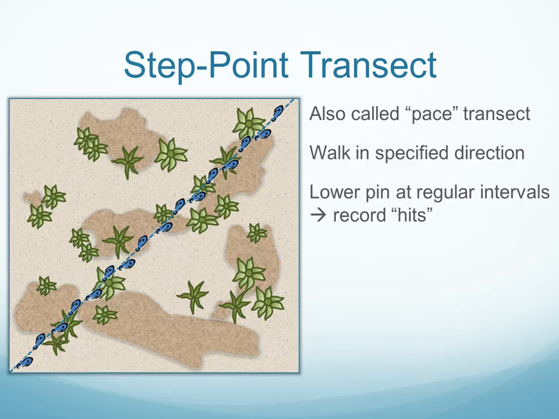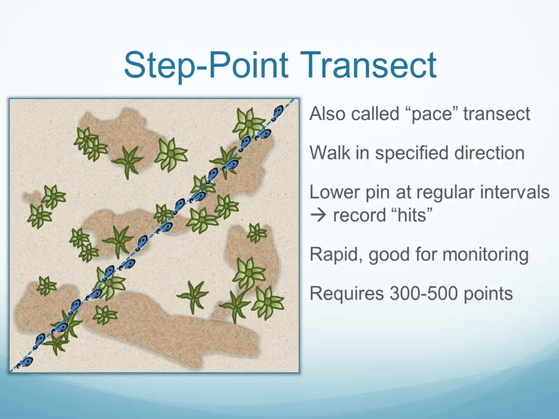The way this is actually done is that as someone is walking along at the specified time when they pace that they are supposed to take a point, they will usually raise their foot to a 30-degree angle and then drop a pin flag at the tip of their shoe or boot, and then record what that hits.